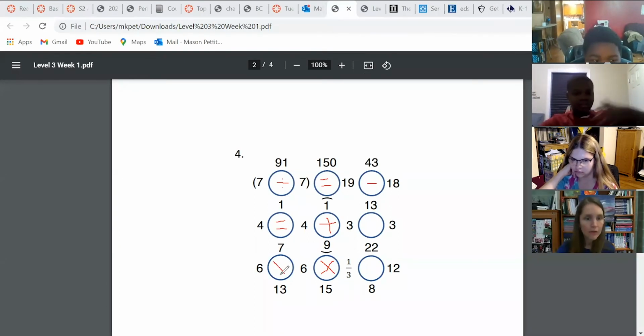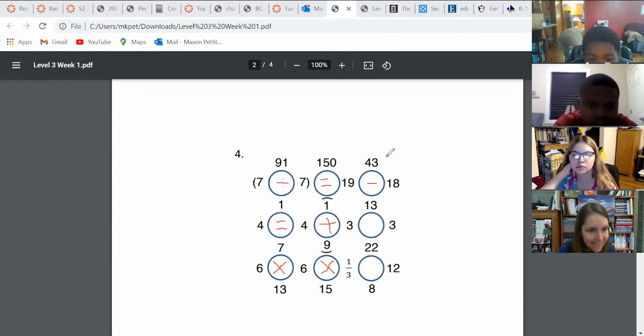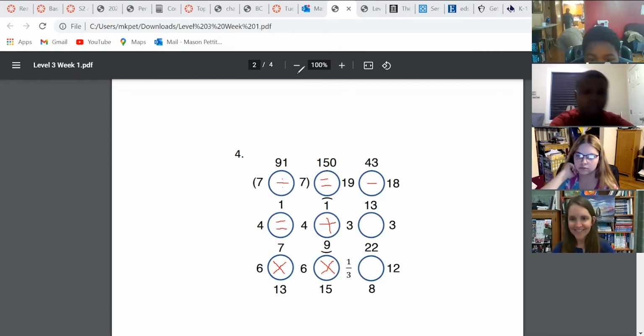So that column had multiple answers to it. Okay, so now that we've got that solved, let's try to solve this again. 4 equals 4 plus 3, blank 3. Does anyone know what it is? You can type in the chat, or you can just unmute yourself right now, either or.